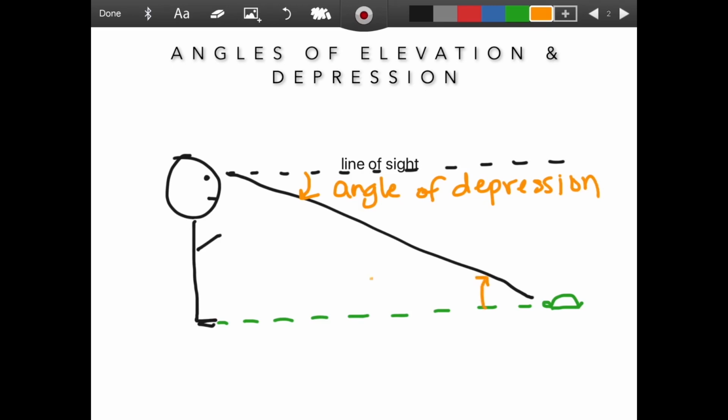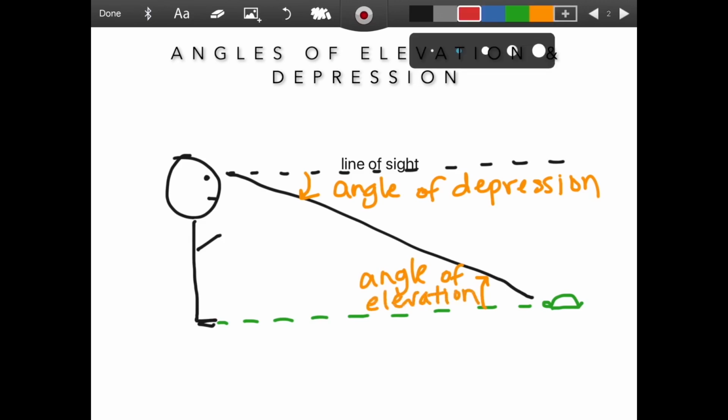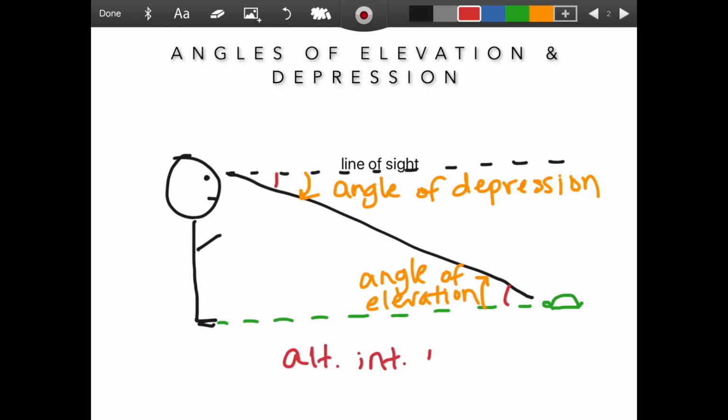And then when the turtle looks up toward you, we have an angle of elevation that's created. When the lines of sight are parallel as they are here, those angles are alternate interior angles. And this will take us into our next problem.